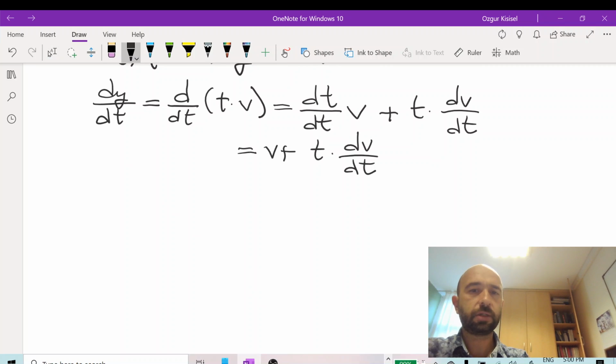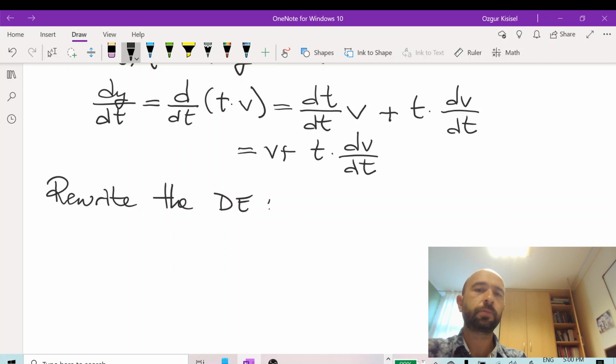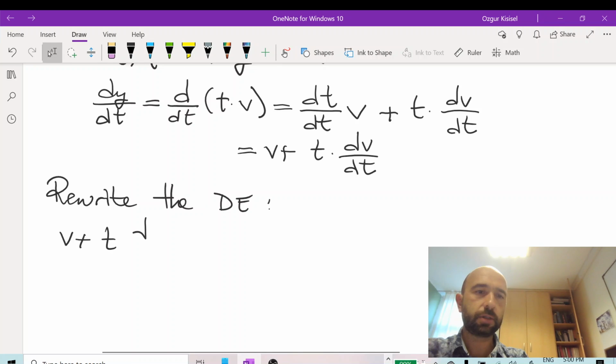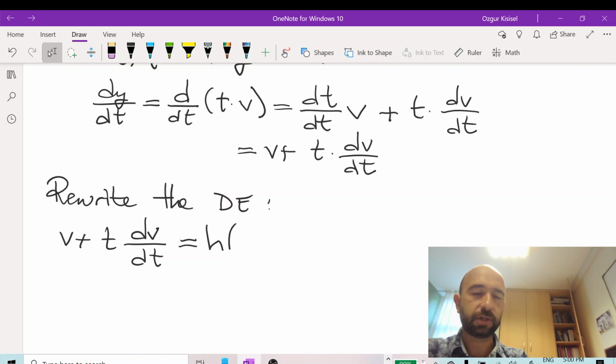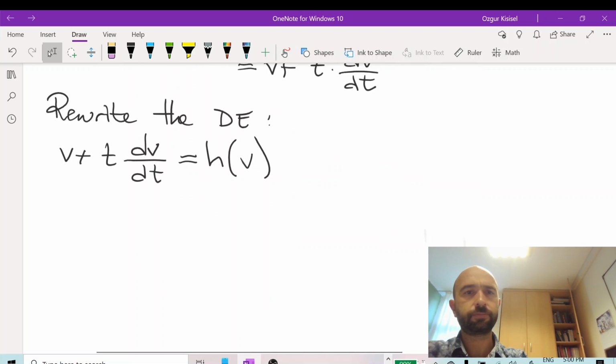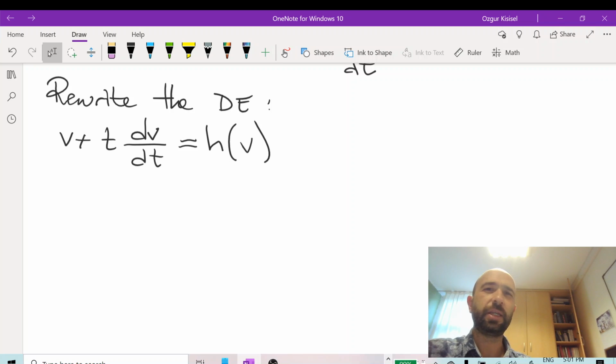Now let's rewrite the original equation. The left side then becomes v plus t dv/dt, and the right-hand side is whatever function we have of v. Now, why is this any better than the original equation? Well, for the following reason.